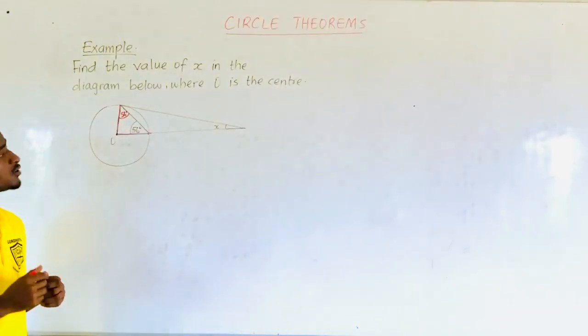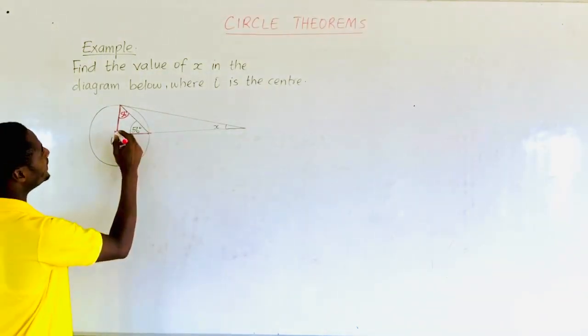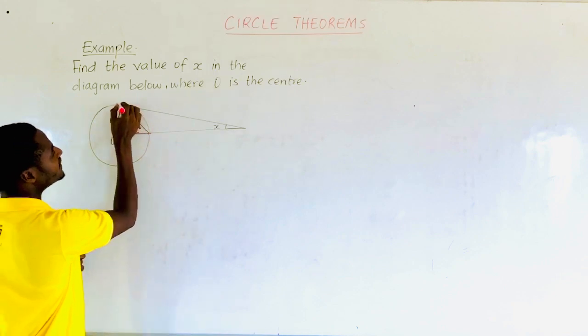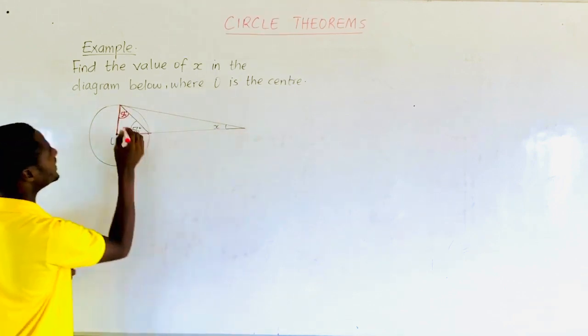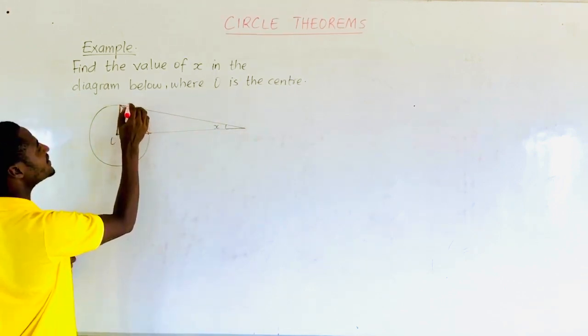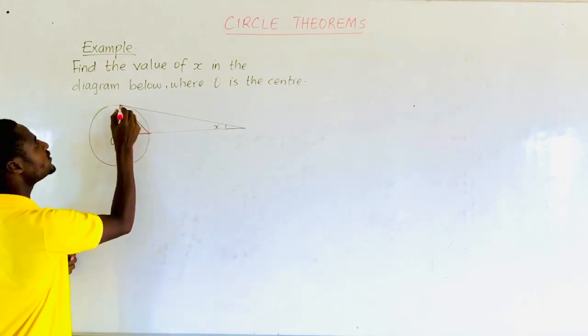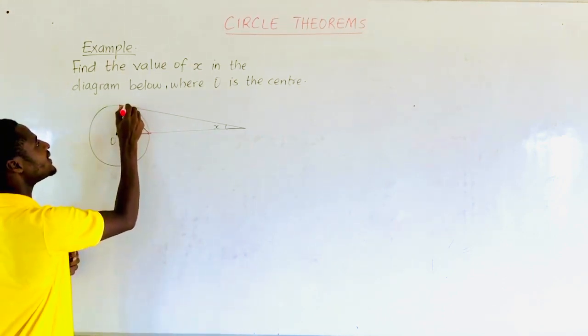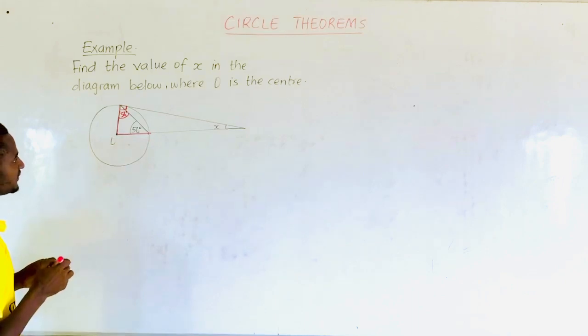Now remember also that when a radius and a tangent meet, the angle that is formed is 90 degrees. And so the total angle here is 90 degrees.